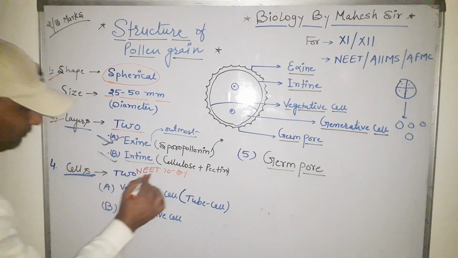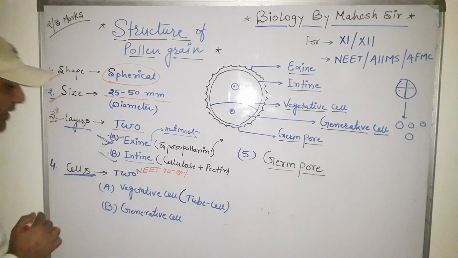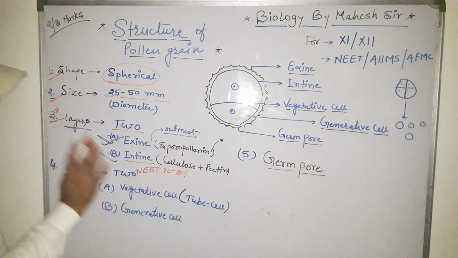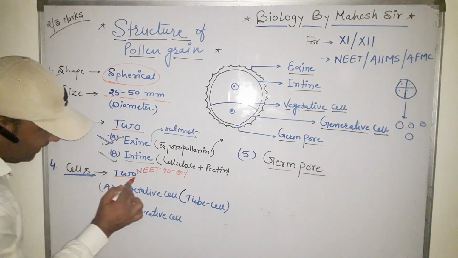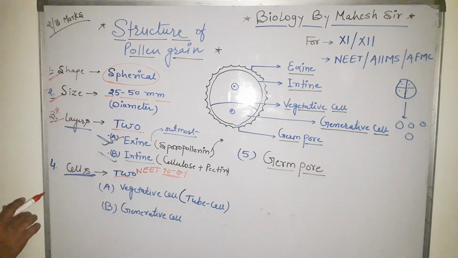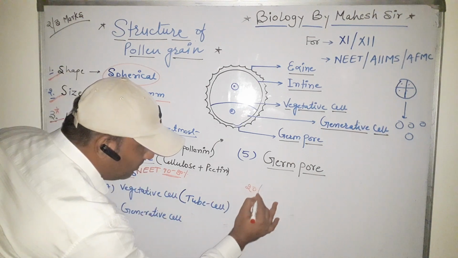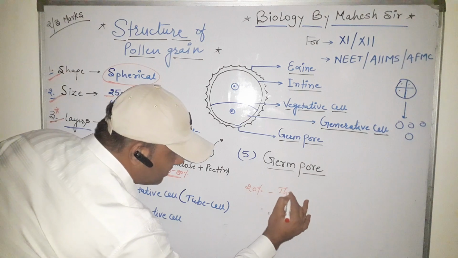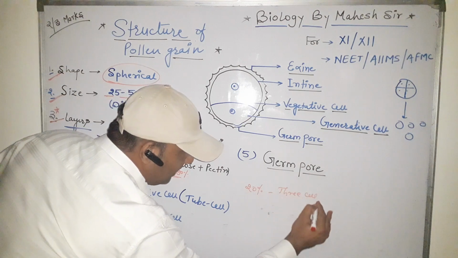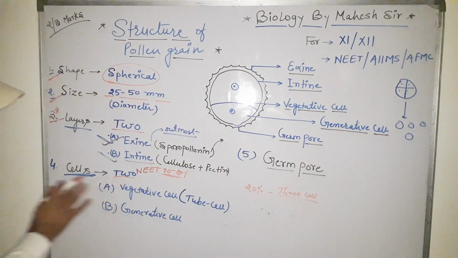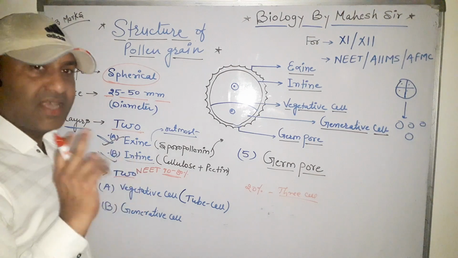It is very important for NEET and other competitive exams. The remaining 20% of angiosperm plants contain the 3 cell stage, meaning one vegetative cell and 2 male gametes.